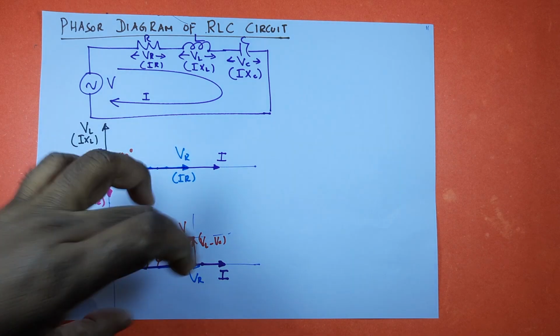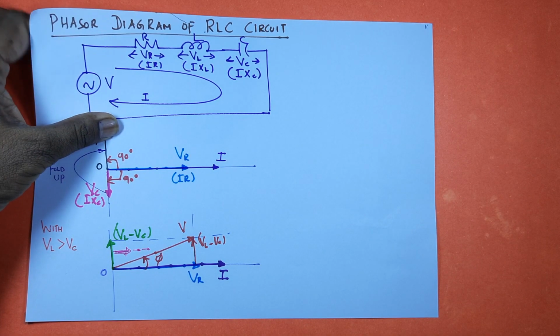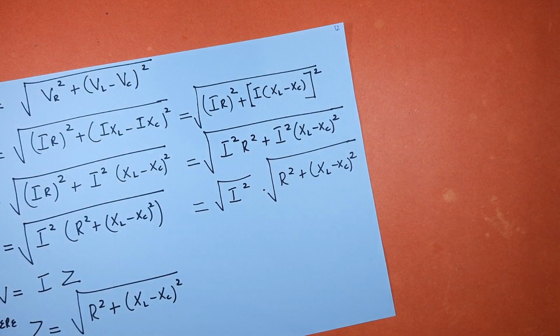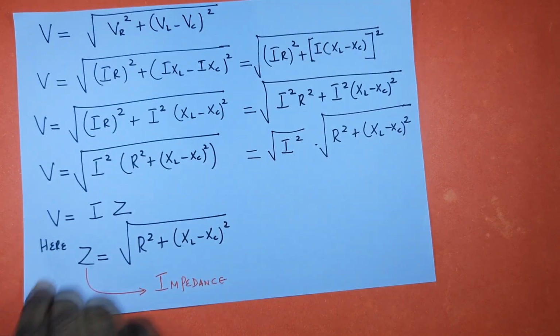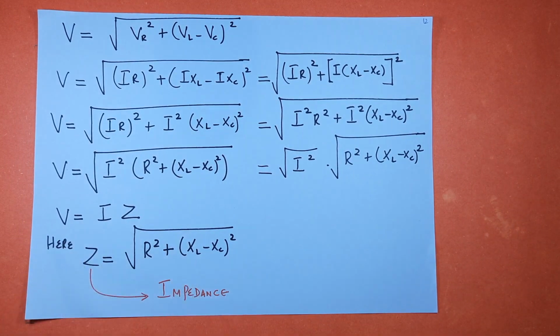So the magnitude is going to be square root of VR square plus VL minus VC the whole square.